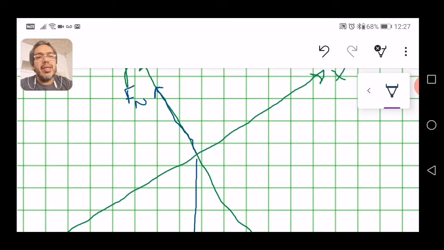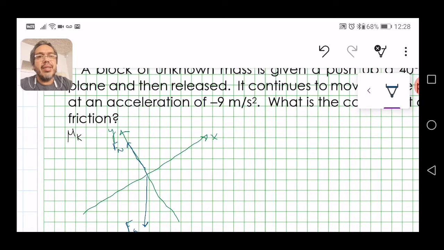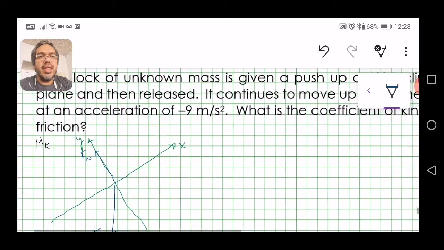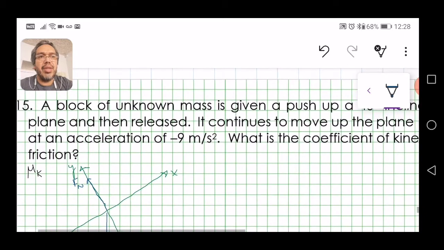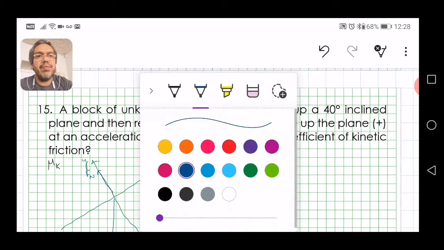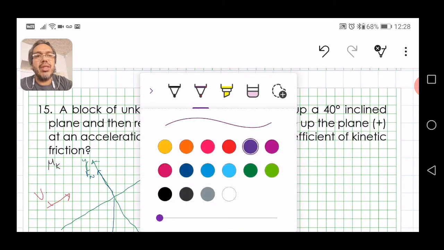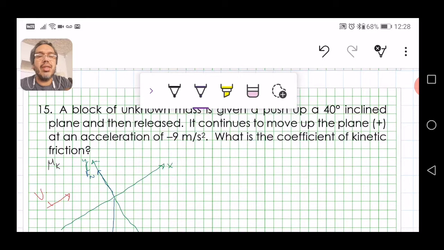But now the situation becomes a little more complicated, because they tell you that they gave this object a push at the beginning of the problem, and that push certainly gave it a velocity up the plane. However, that velocity is not consistent with the acceleration of the object once the object is no longer being pushed.